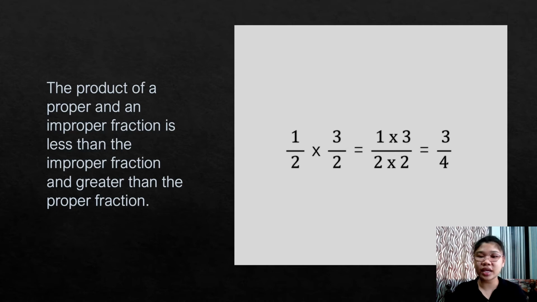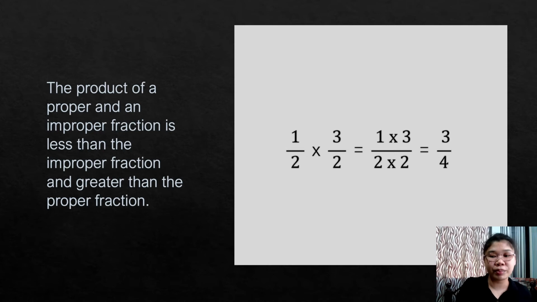Multiplying again, numerators 1 times 3, and denominators 2 times 2. So our final answer is 3/4, which, according to this rule, is greater than the proper fraction and less than the improper fraction, 3/2. So again, if you multiply a proper fraction and an improper fraction, the resulting answer is greater than the proper fraction but less than the improper fraction.